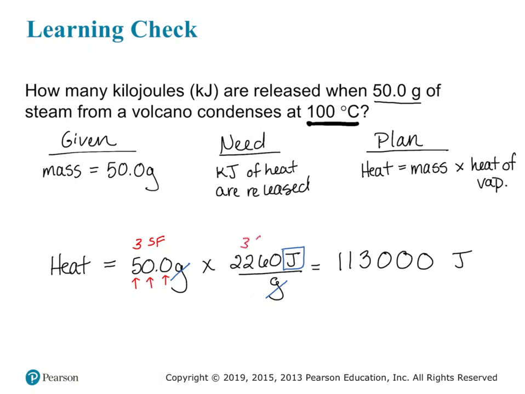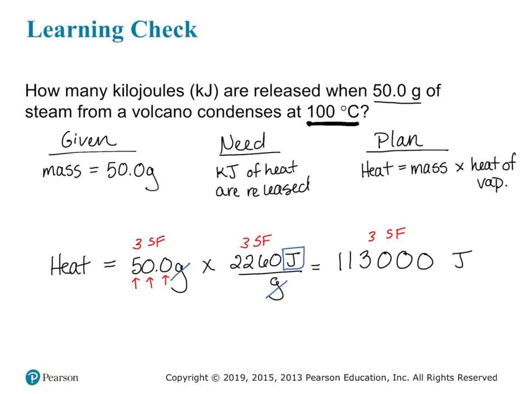So this also has 3 sig figs. Okay, so our final answer then should also have 3 sig figs because we're multiplying. So if we look at our value, it already has 3 sig figs, so that worked out. That was super easy. We've got 113, and then the last 3 zeros are placeholders, so they're not significant. So this also has 3 sig figs.